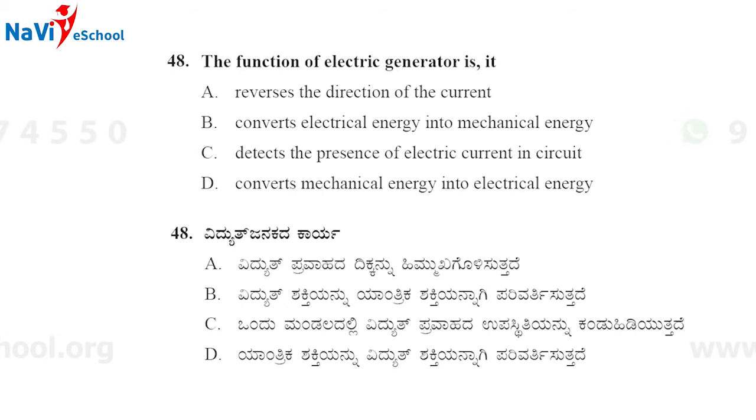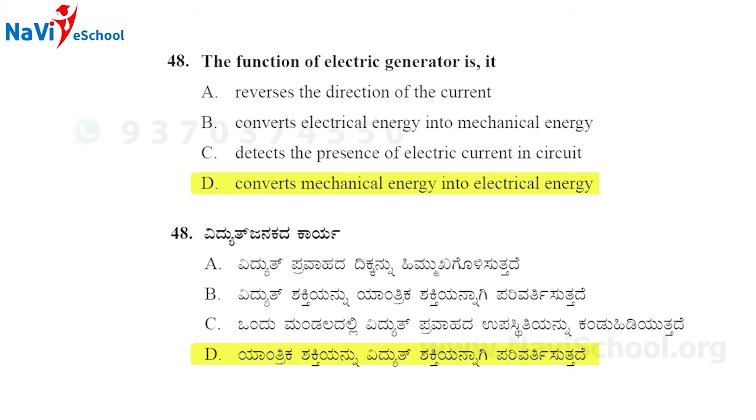So here children, the electric generator, we also call it what? Dynamo, isn't it? Dynamo, what is the role of this one? What does it do? It converts mechanical energy into electrical energy, isn't it? That's why option D is our answer.